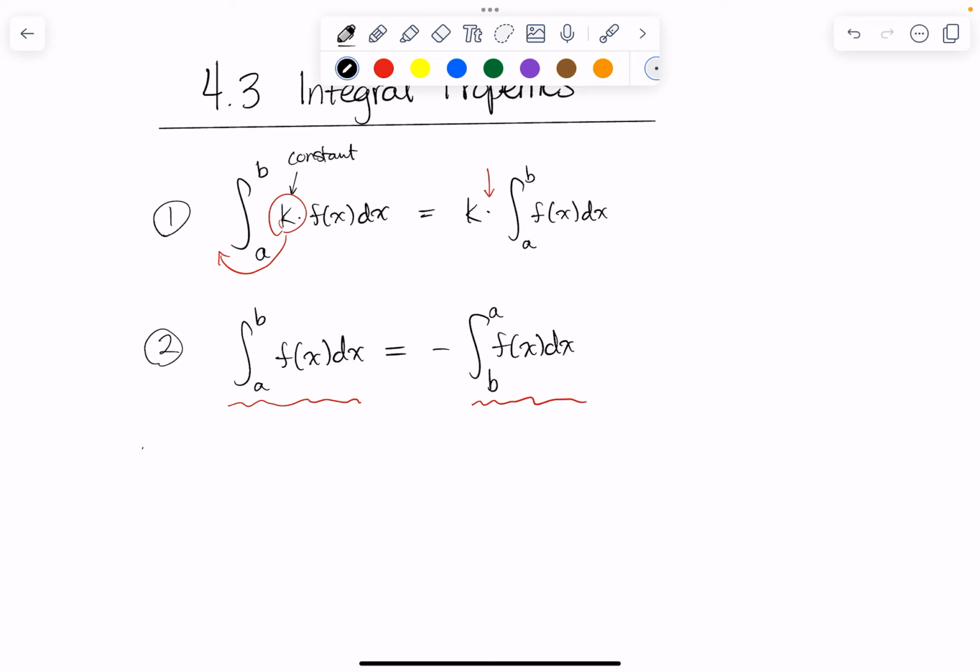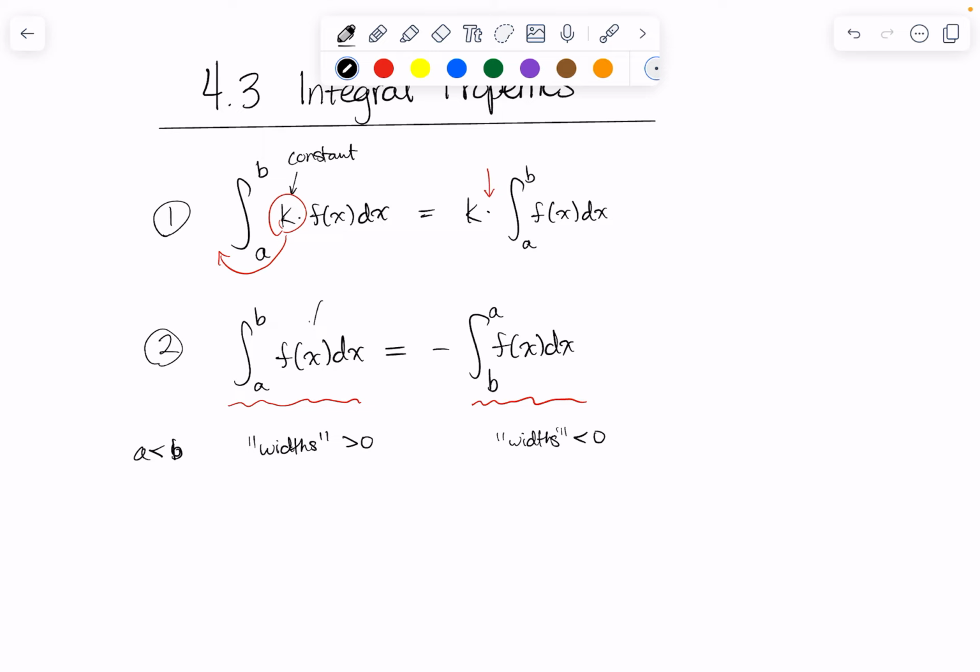If a is less than b over here, the widths of each rectangle over here are positive, and the widths of each rectangle over here are negative, whereas the heights are both the same.